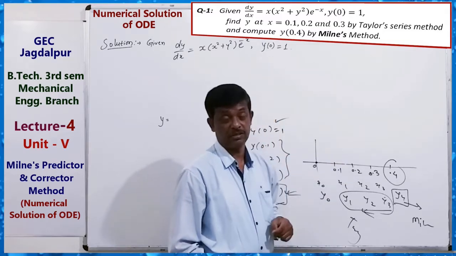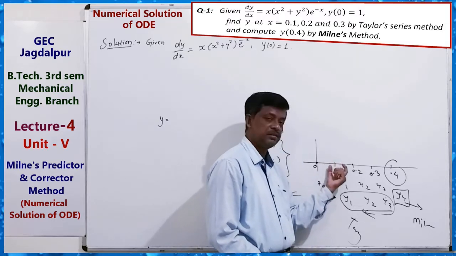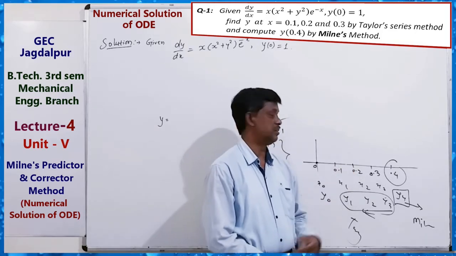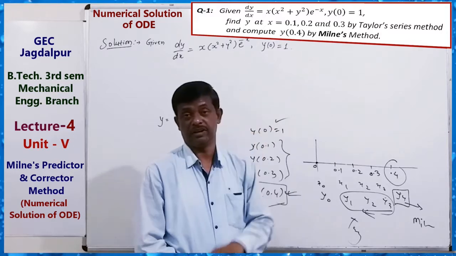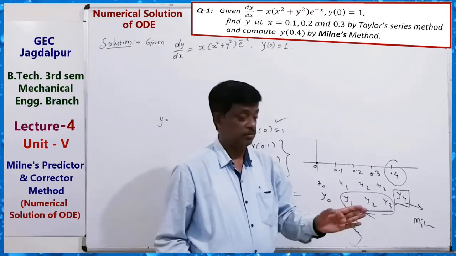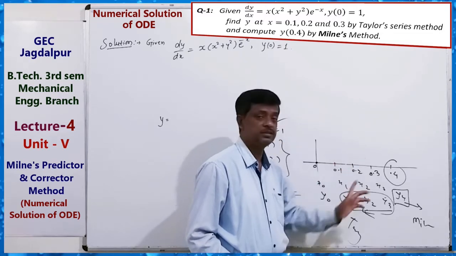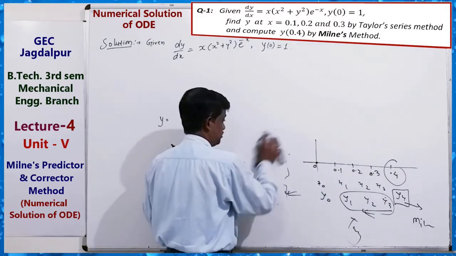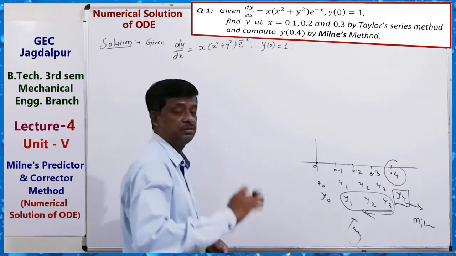But you can use the expansion about another point also. But if we expand about this point, then we can get a better approximation at this point. So for the predictor-corrector formula, the previous 4 values should be very accurate, so try to find accurate values. For this, first of all, we have to find derivatives one by one, up to third derivatives.